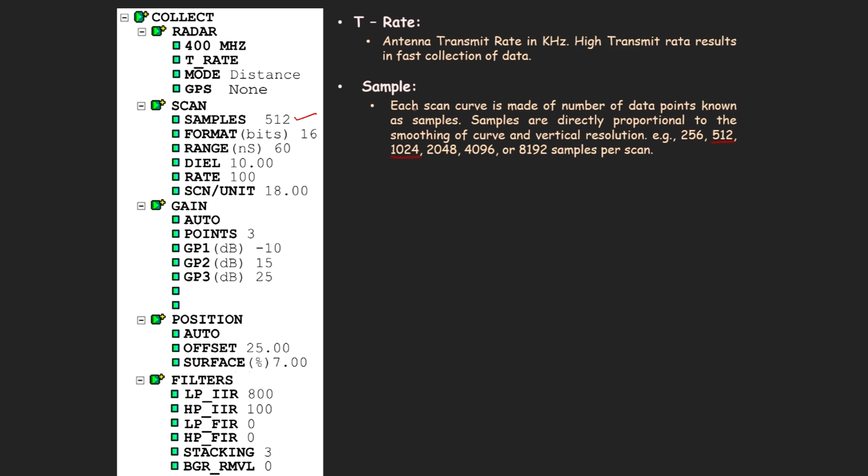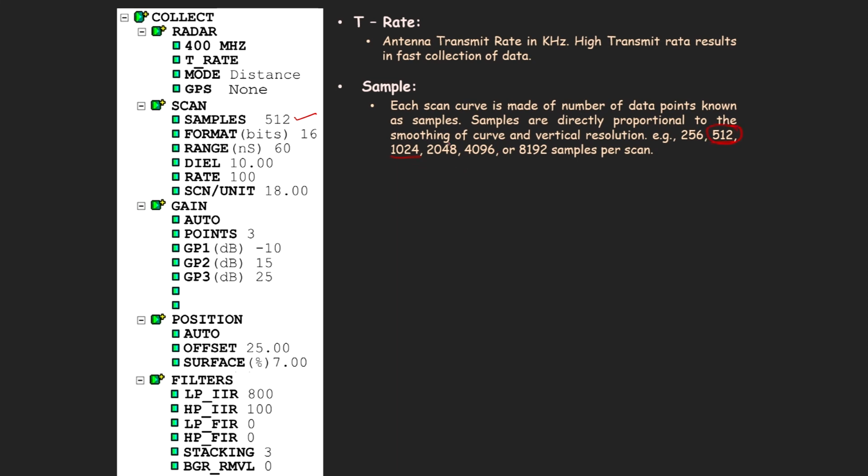Each scan curve is made up of a number of data points known as samples. Samples are directly proportional to the smoothing of the curve and vertical resolution. So this will depend on what type of data, in terms of resolution, you are trying to collect. Mostly we try to collect in this one.